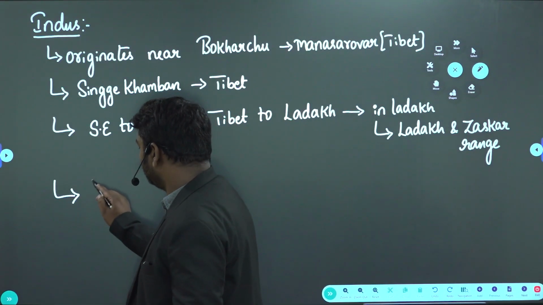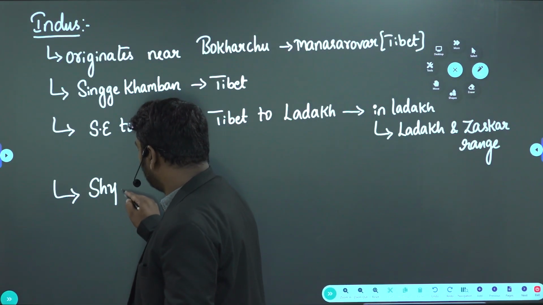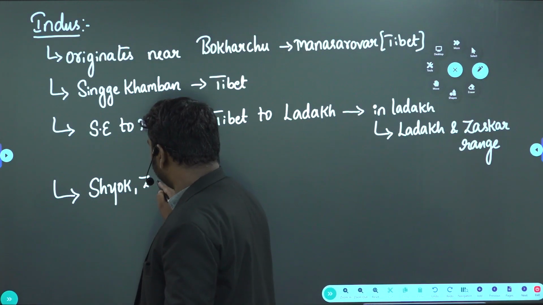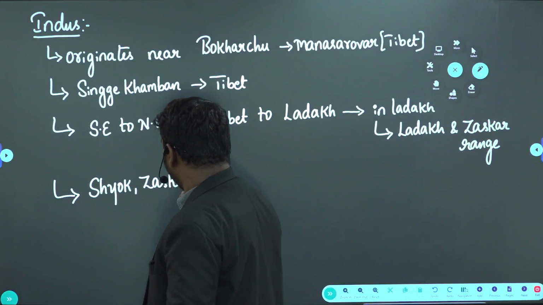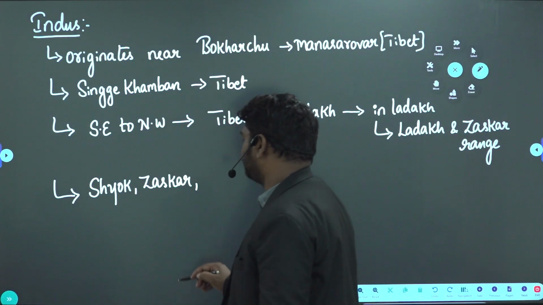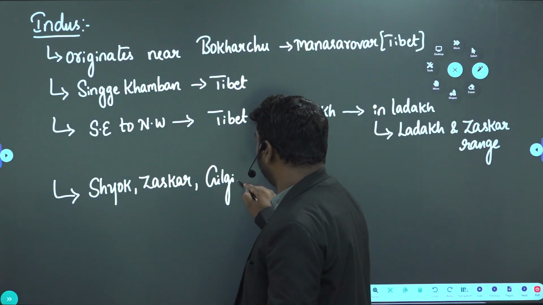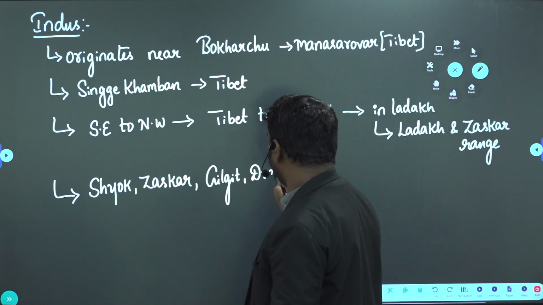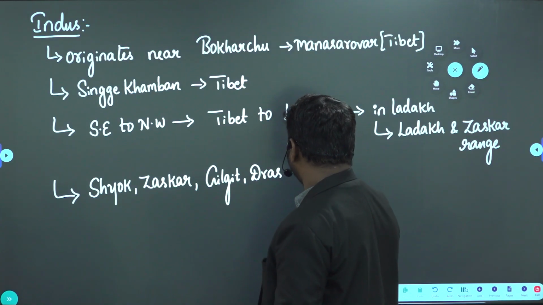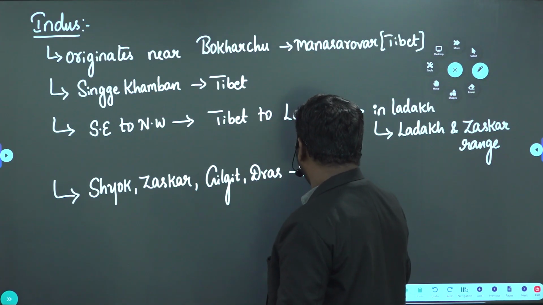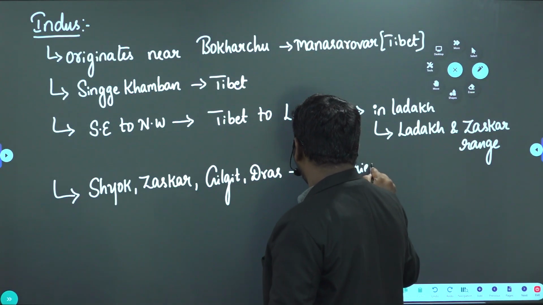In this region, Shyok, Zaskar, Gilgit, Dras are tributaries.